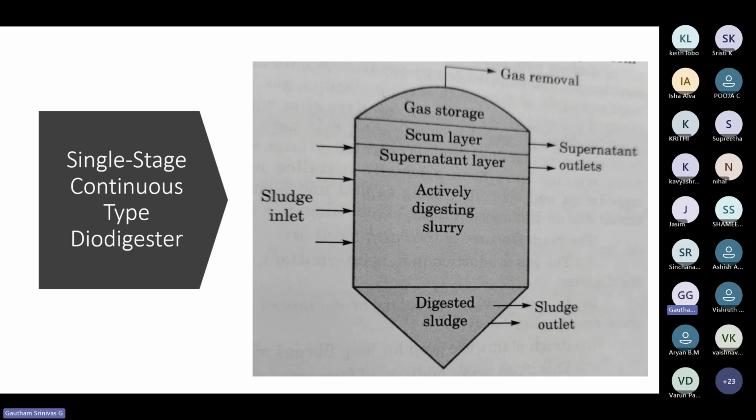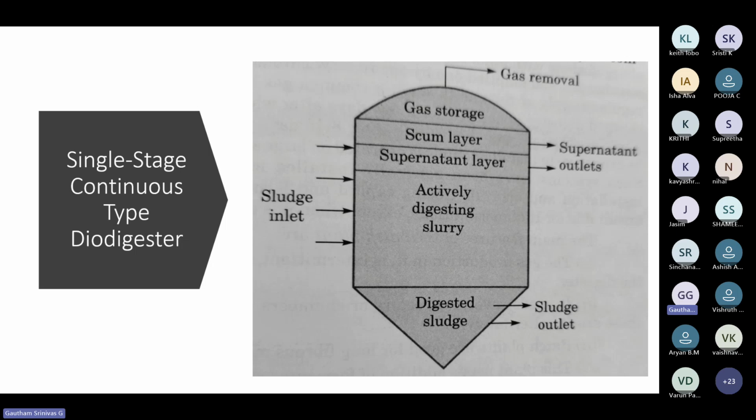What is supernatant layer? Let's say you have a suspension. When you mix it, there is a lot of turbidity, and all the impurities within the water are moving around. You keep it for a while without mixing it, and all the dust and the suspended solids settle down.